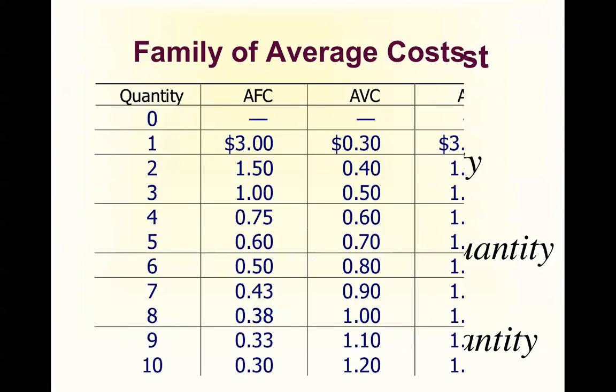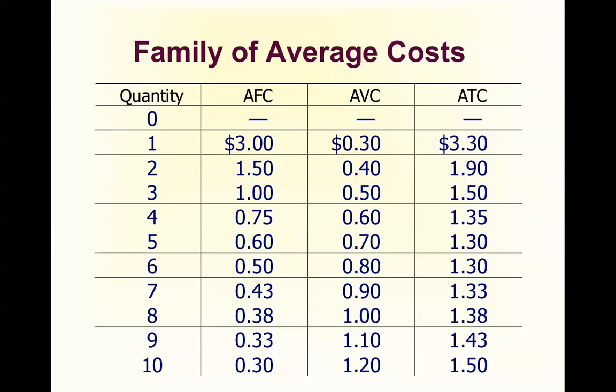Now we can do calculations for average costs, and here they are, as we're producing more goods: average fixed, average variable, and average total. And I'm sure Aplia has some exercises for you to calculate these.